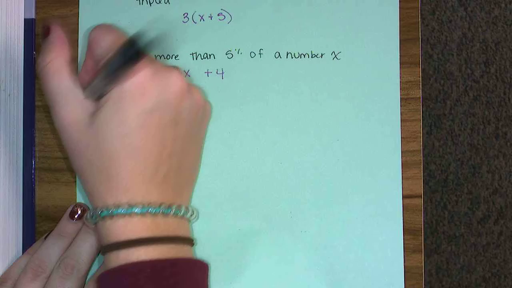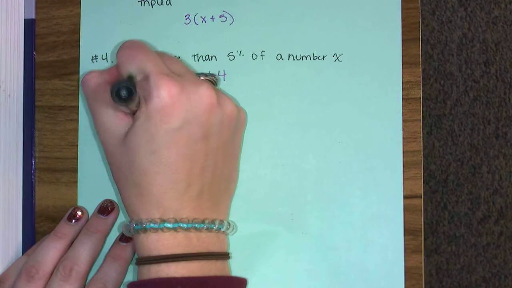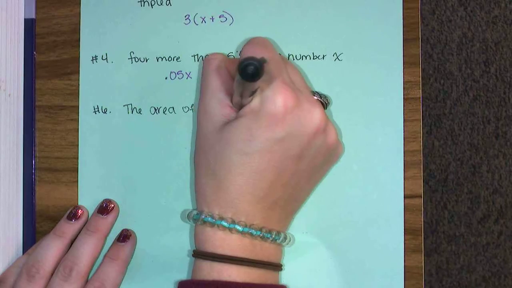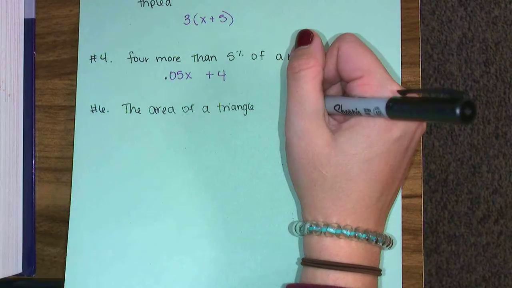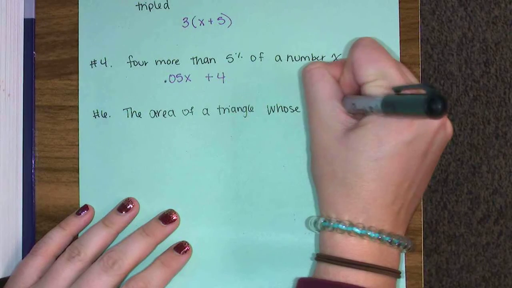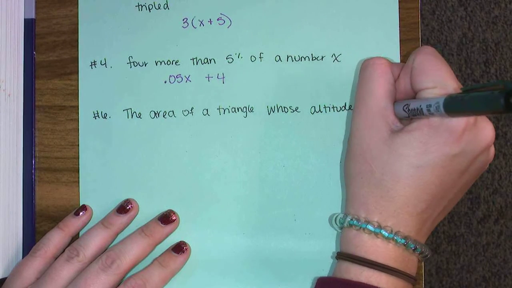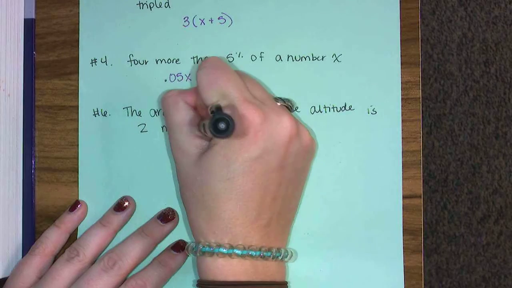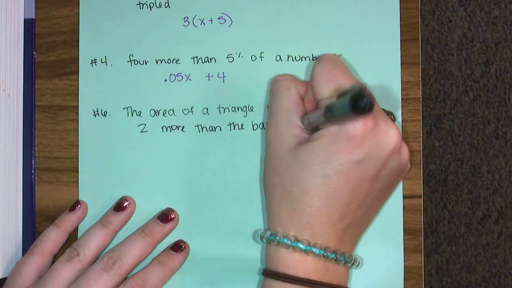The area of a triangle whose altitude is 2 more than the base length x.